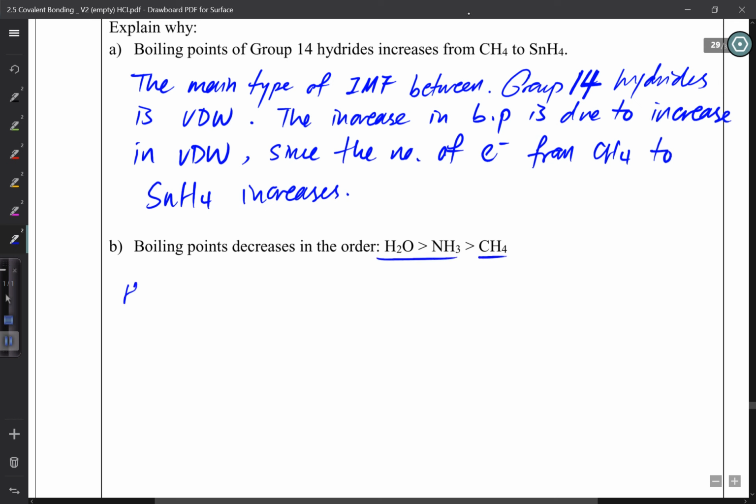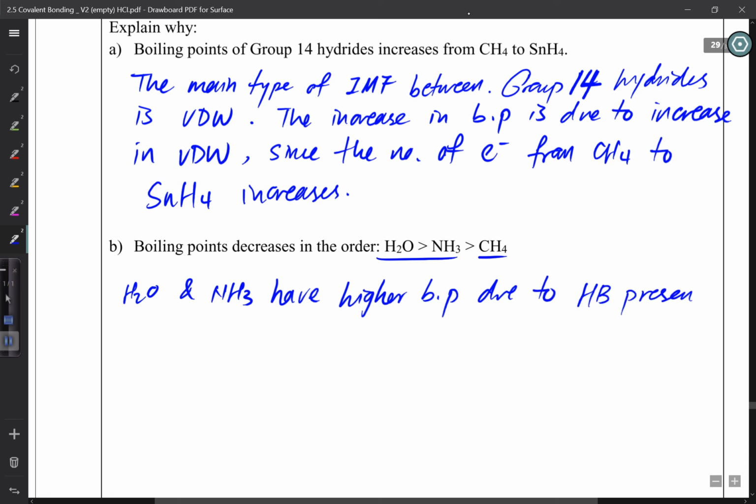H2O and NH3 have a higher boiling point due to hydrogen bonding present between the molecules.